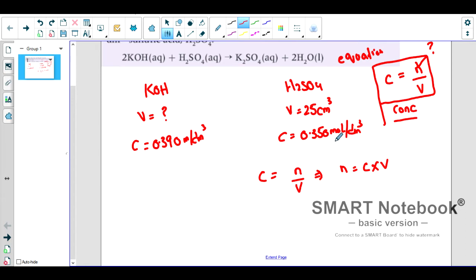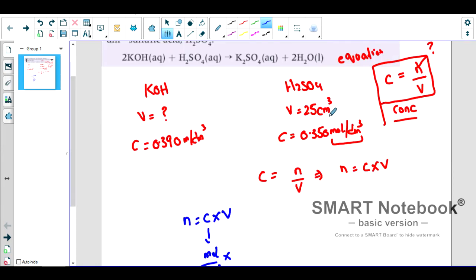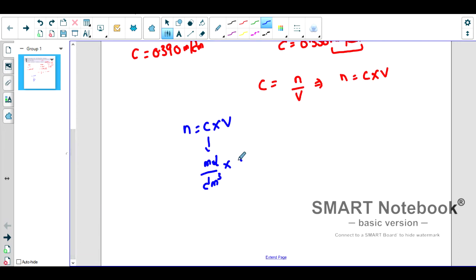This concentration is given in moles per decimeter cube, and this volume here is in centimeter cube. So you have to make them the same. You have to convert this centimeter cube into decimeter cube to get the correct number of moles. Be careful with these units.